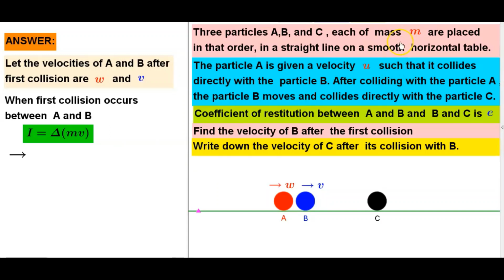During the collision, the impulses balance each other. Therefore, the resultant impulse I is equal to 0.